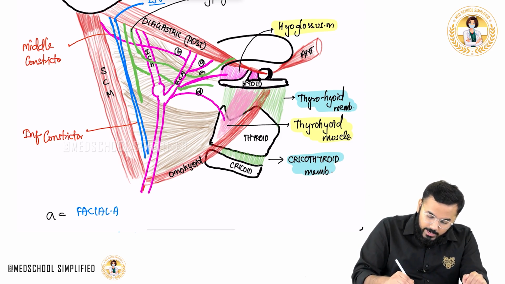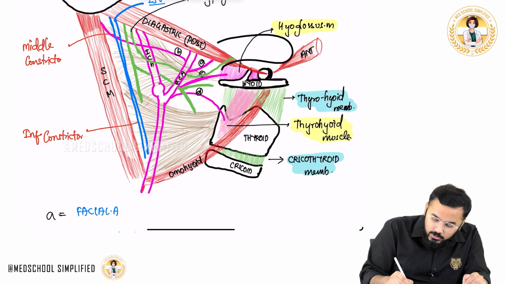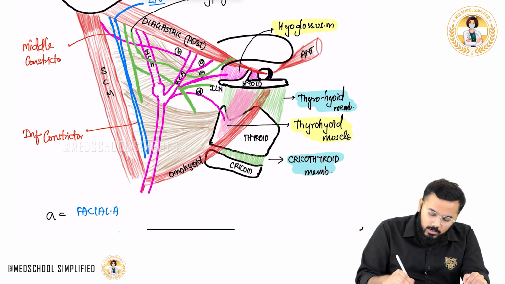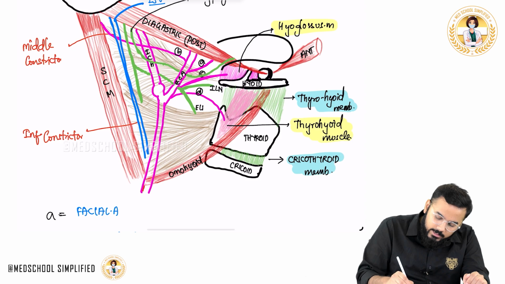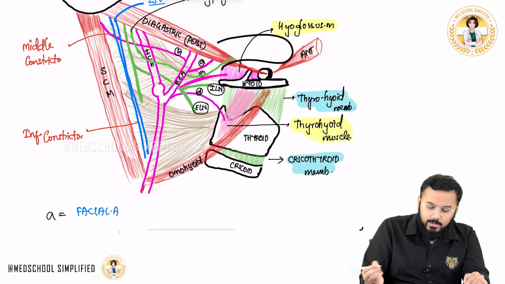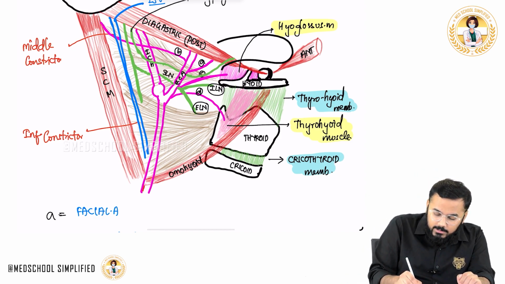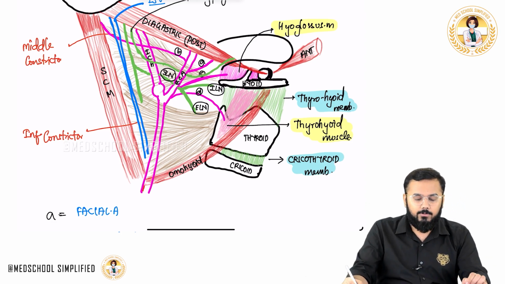The branch on the top is called the internal laryngeal nerve, and the branch on the bottom is called the external laryngeal nerve. These are the branches of the SLN, which stands for superior laryngeal nerve.